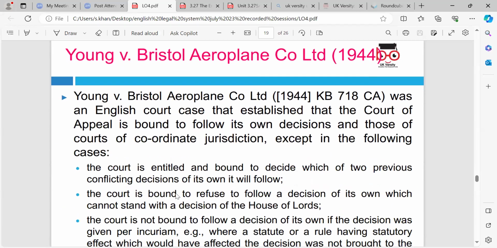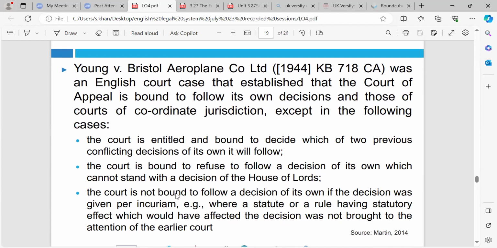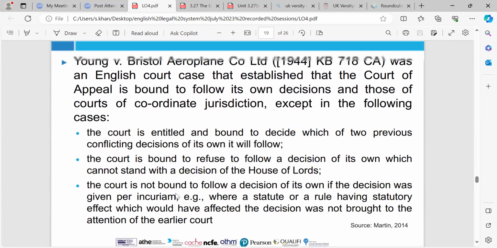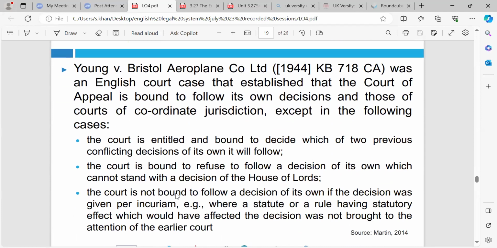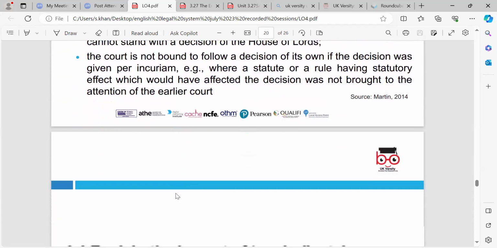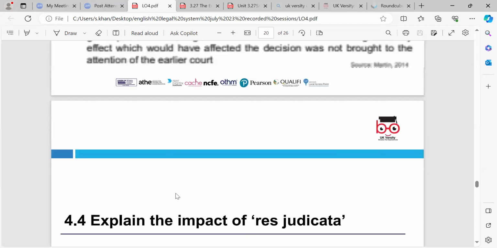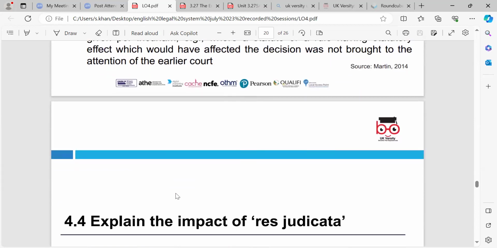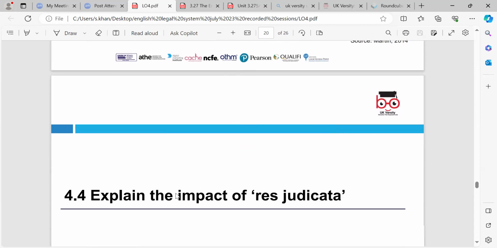We looked at the principles that were adopted in this case. There were three main principles adopted, and we looked at the importance of this case in regards to decision making.